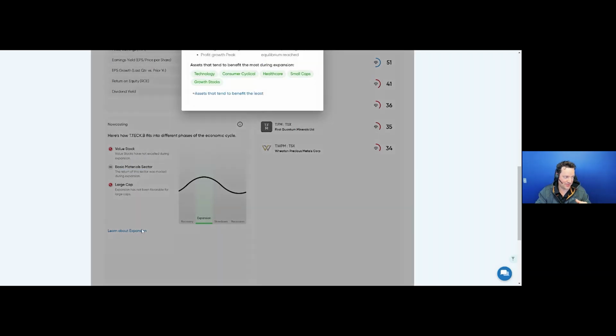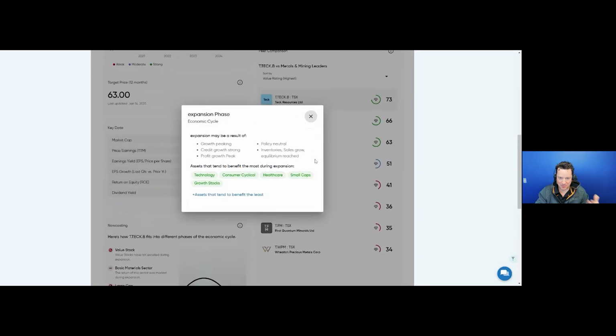So if I click on expansion, a pop-up comes up on the economic cycle. What we can see here is expansion may be a result of, and we can give you the reasons for it. Growth peaking, credit growth strong, profits peaking possibly, neutral policies and government, inventories and sales growth, and so on. We can tell you what has performed in that cycle.